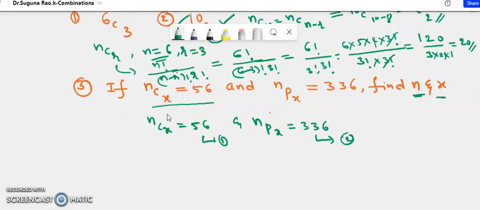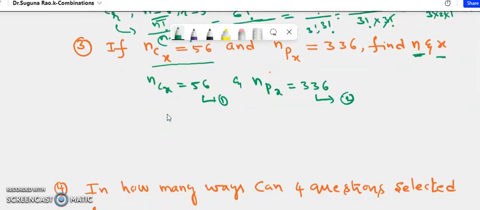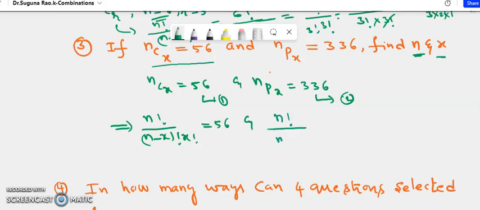So we know the formula of nCx. From equation number 1, n factorial by (n minus x) factorial into x factorial equals 56. And what is the nPx formula? In the permutation case, we already discussed this formula as n factorial by (n minus x) factorial equals 336.